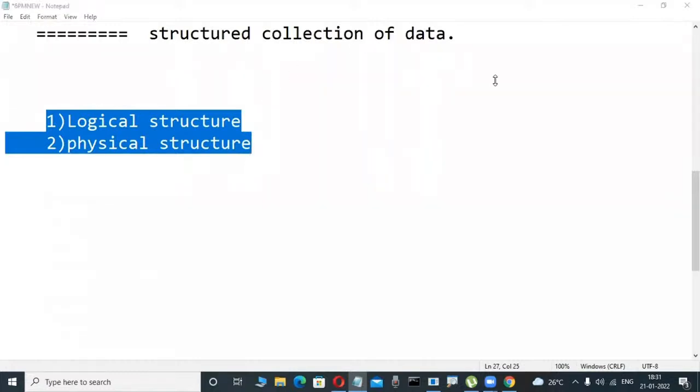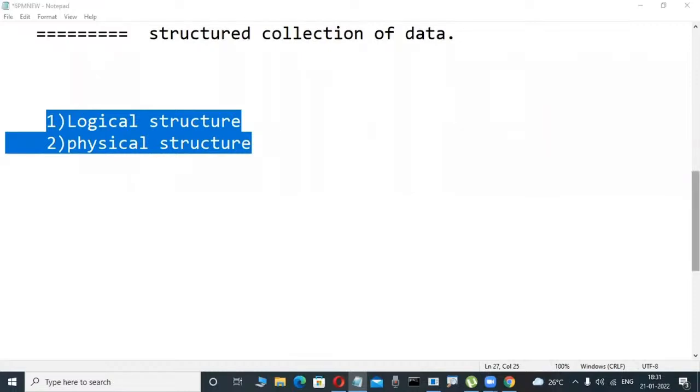What is physical structure? Okay, some fellows are telling logical structure means logical structure, physical structure means physical structure only. They are telling only. No, don't try like that.